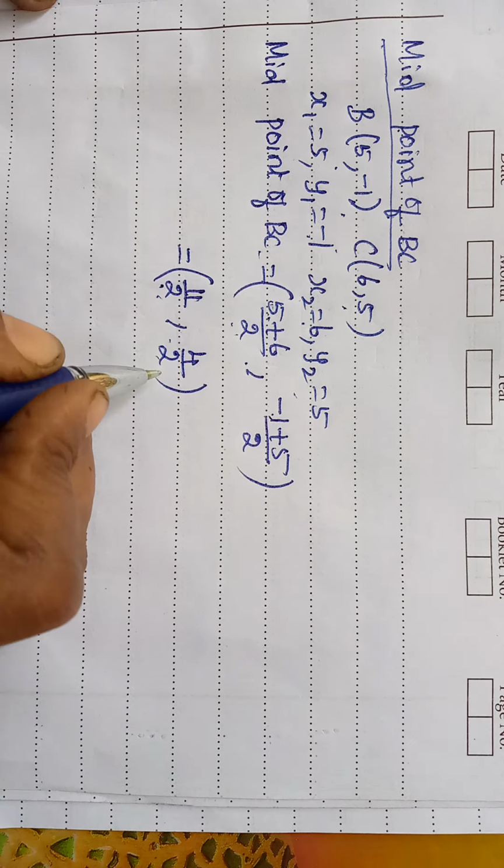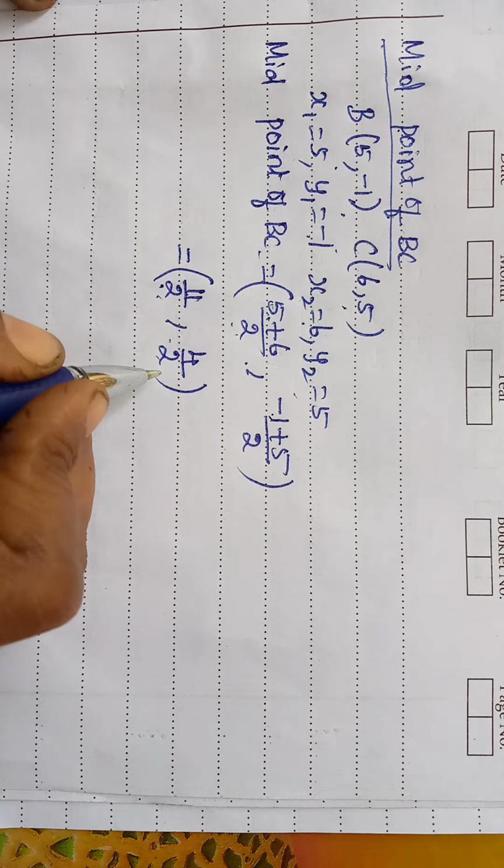Plus into minus is minus, so -7 minus 4 by 2 comma 6 minus 2 by 2. Both have the same sign, so we add and keep the same sign: -11 by 2 comma 4 by 2. Here 4 and 2 can be divided, we get 2. So S is equal to (-11/2, 2).